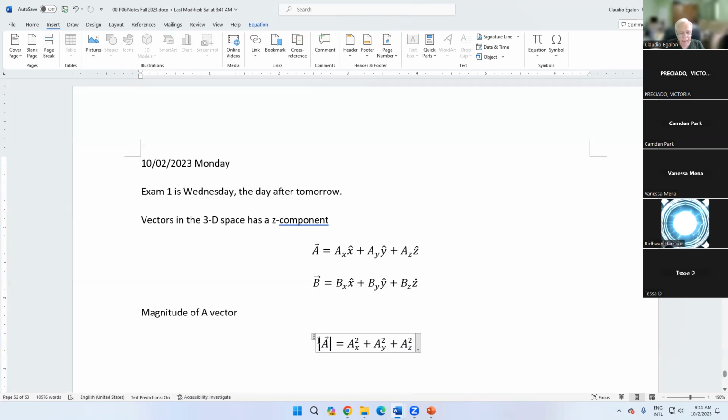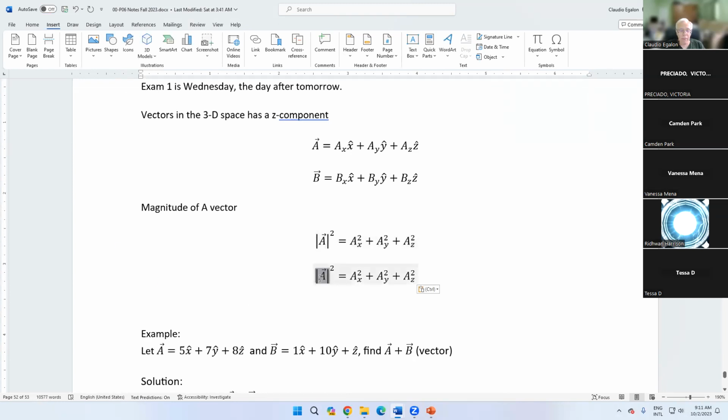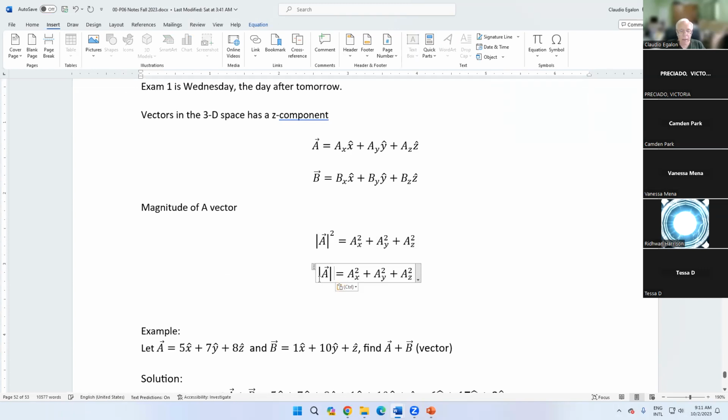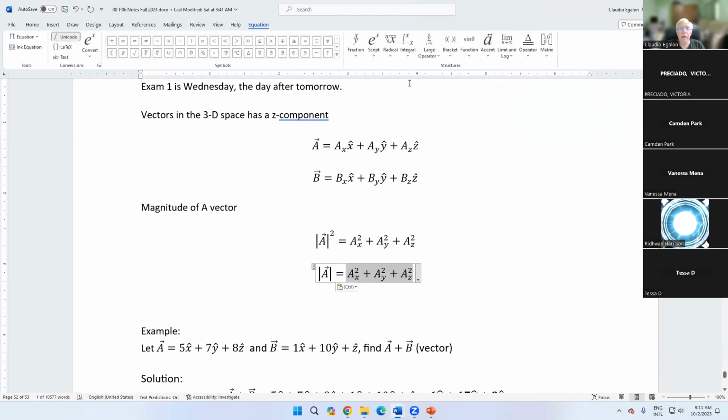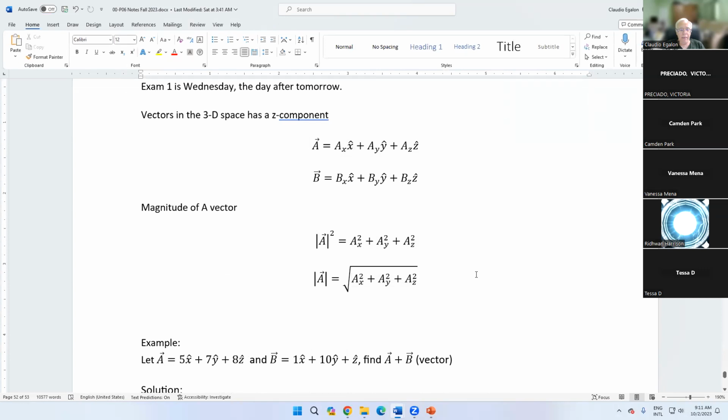But let's not forget, this is the square of the magnitude, not the magnitude itself, right? The magnitude will be the square root of that. And then we put the square root right in here, like that. That's the generic formula.